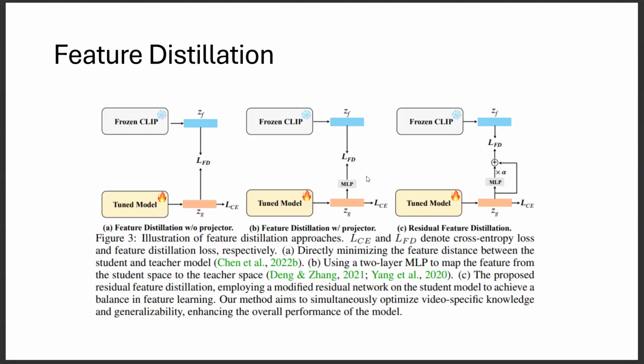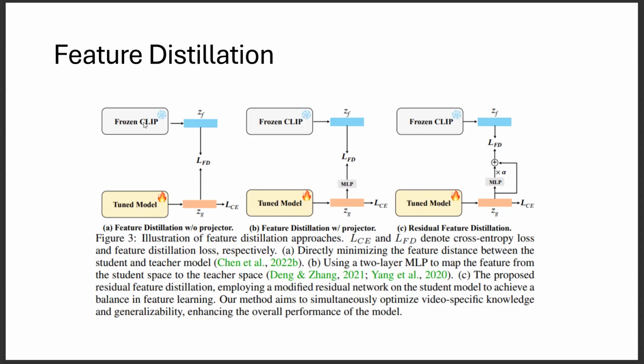And if you use direct L2 loss, another problem is that we cannot use different kinds of CLIP models. The size of the embeddings of the student model and the teacher model will have to be the same, since we are just doing L2 loss here.